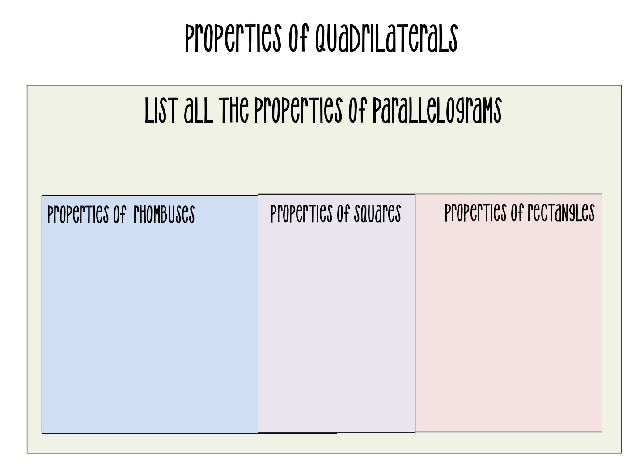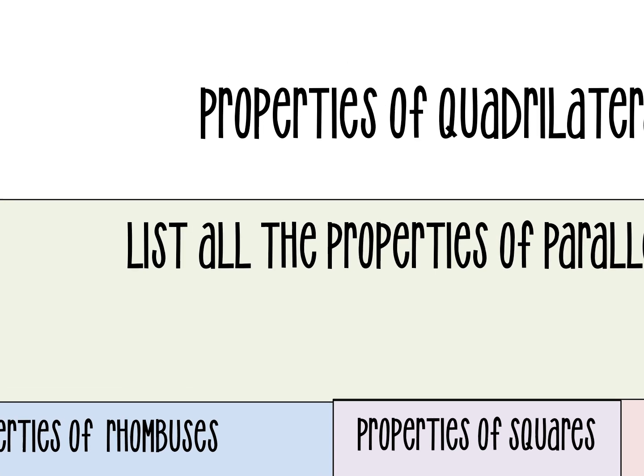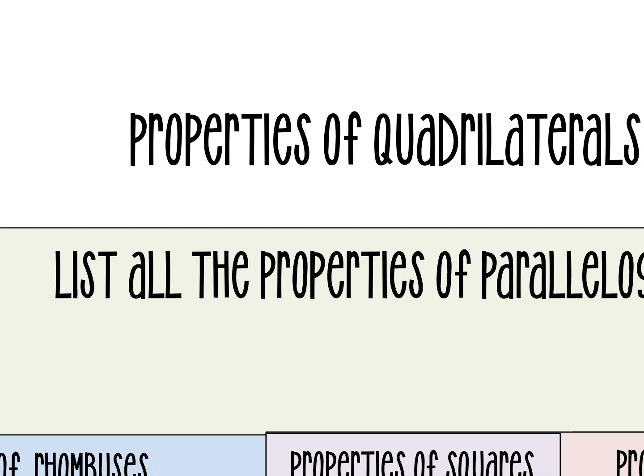So please make sure you are writing down these properties because you have to know the properties and what makes up what. So first I'm going to do properties of a quadrilateral. Specific things that you have to know are that a quadrilateral has 4 sides and all angles sum to 360.